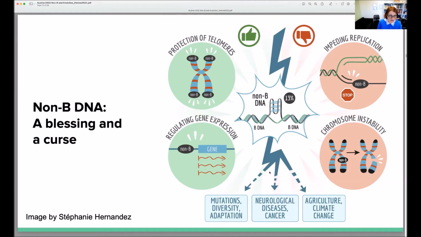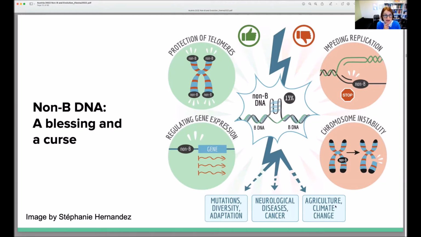So what does all of this mean? It means that non-B DNA can be an important driver of mutations if indeed polymerases make more mutations at non-B DNA. Also diversity, they can contribute to adaptation, but also, as I mentioned, non-B DNA is associated with neurological diseases and cancer.